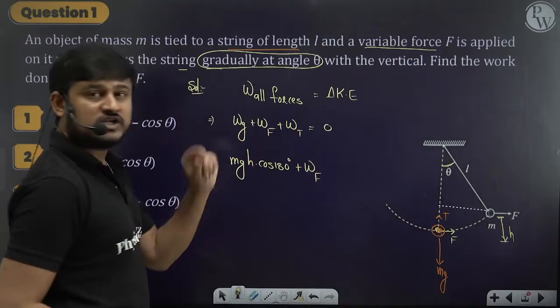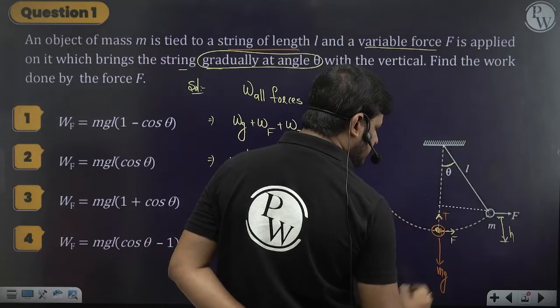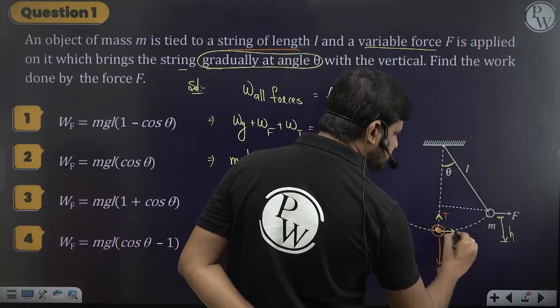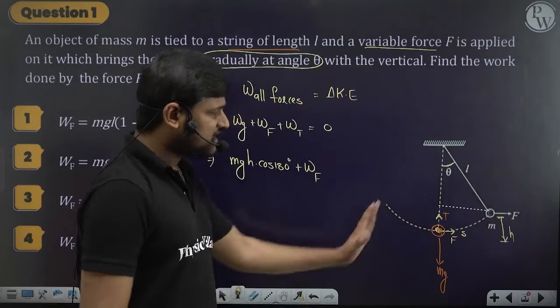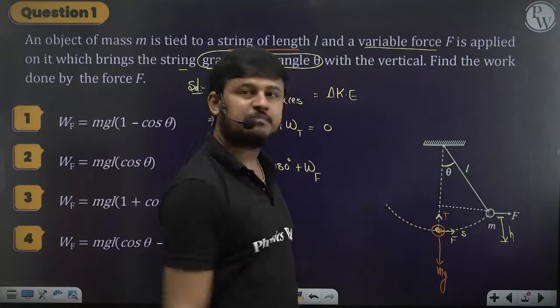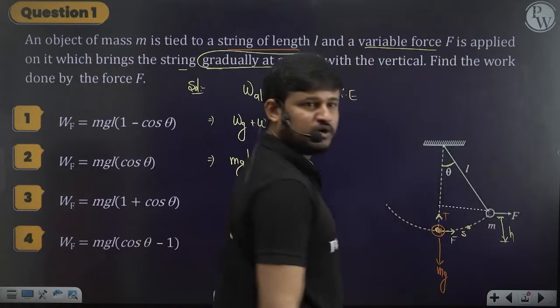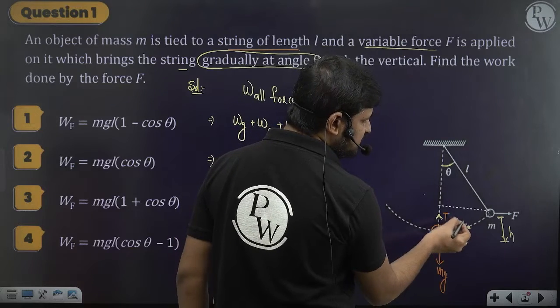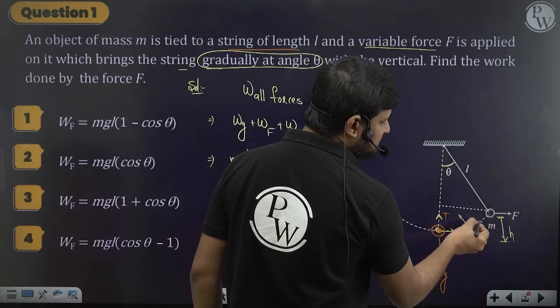One more thing, the work done by the tension. The tension force is acting upward and the body's displacement is to the right side. So the tension force and the displacement are perpendicular to each other. When the object moves to this point, the string comes here, so the tension will be this side and the displacement will be this side.